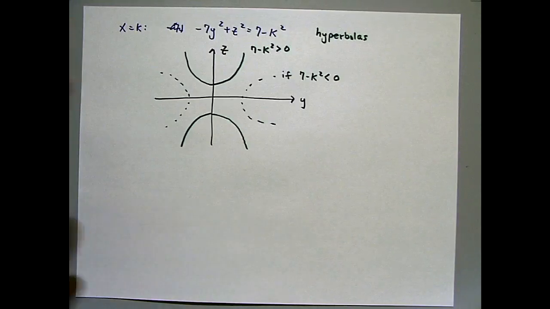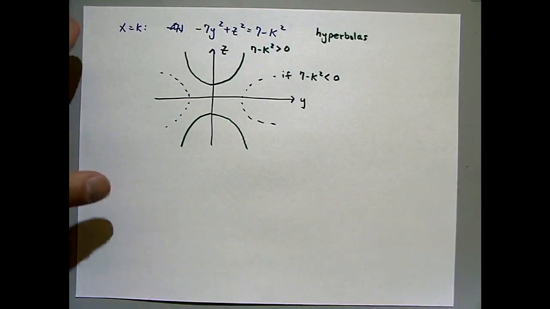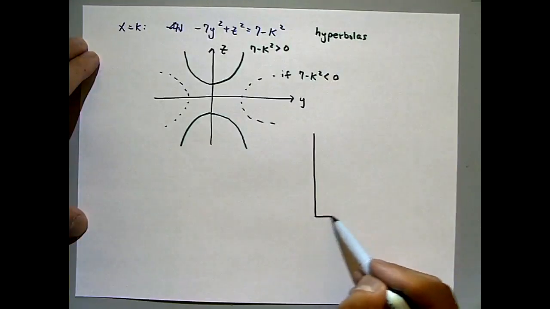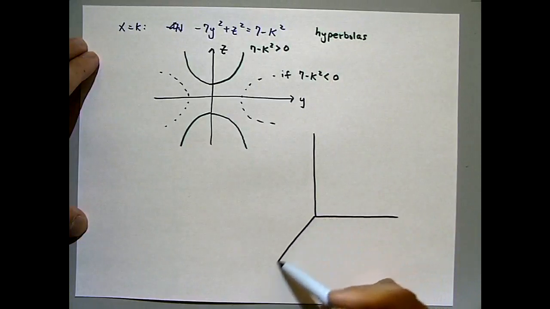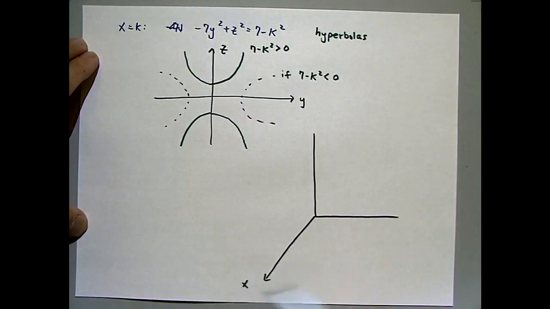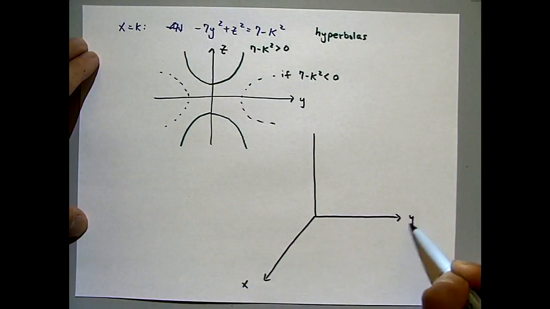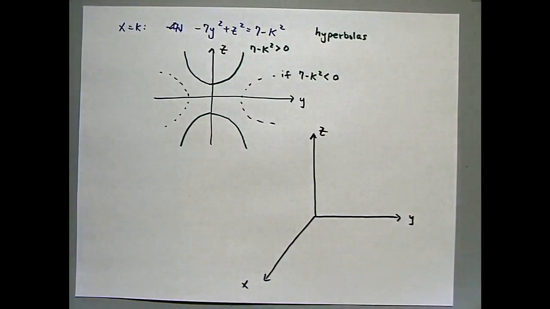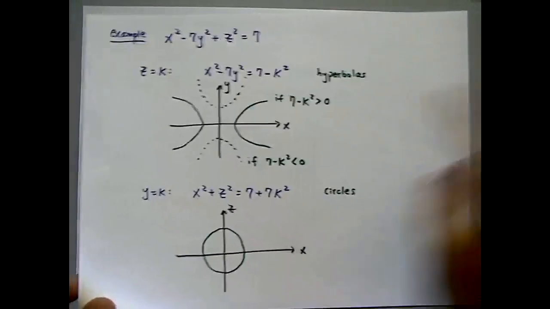All right, now putting this together, this is going to be a little bit more work than the last one. Looking at the first slice, the first set of traces, z is equal to k.